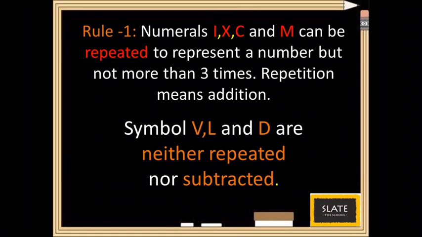Rule 1. Numerals I, X, C and M can be repeated to represent a number but not more than 3 times. Repetition means addition. And symbols V, L and D are neither repeated nor subtracted.